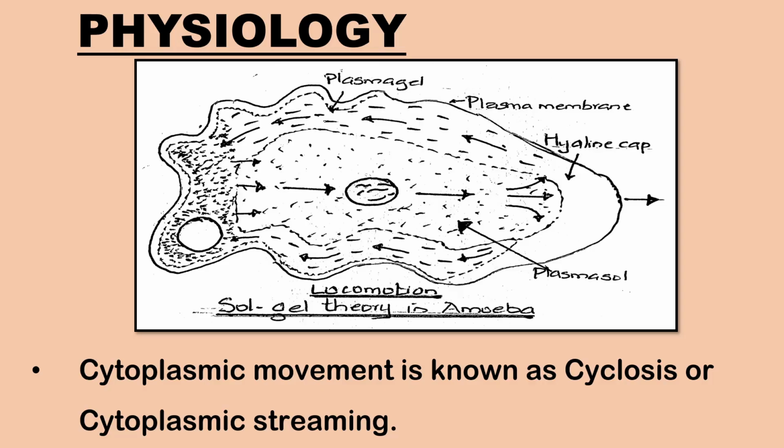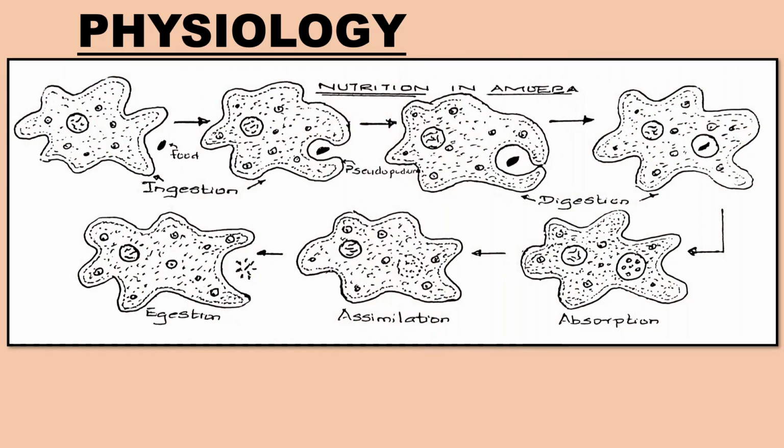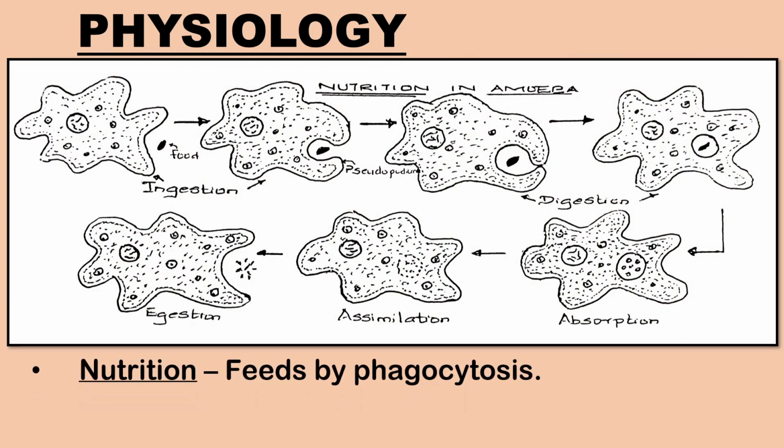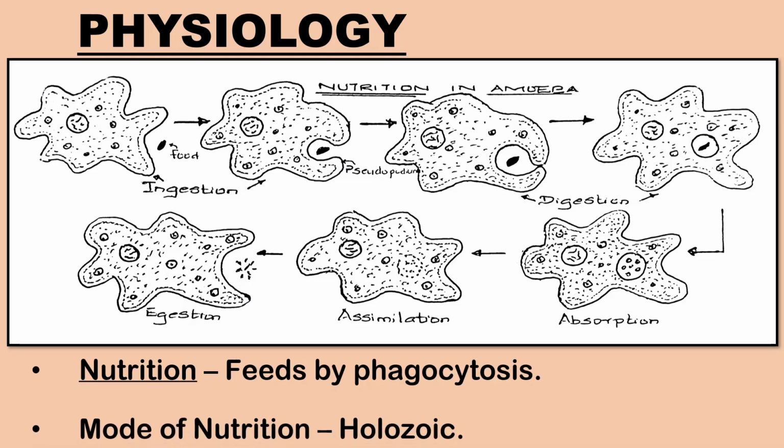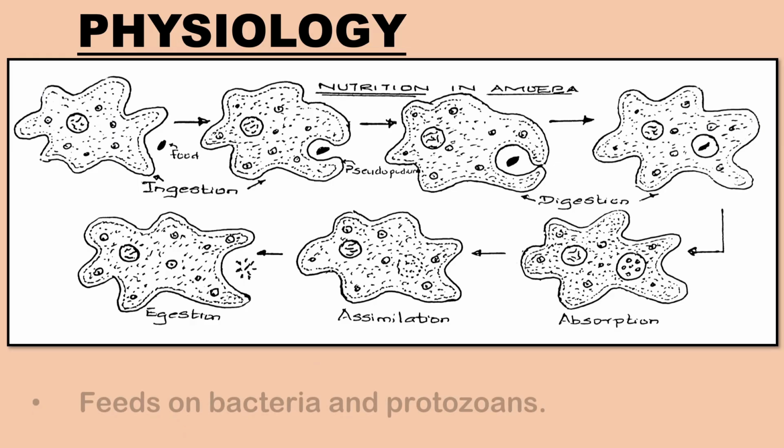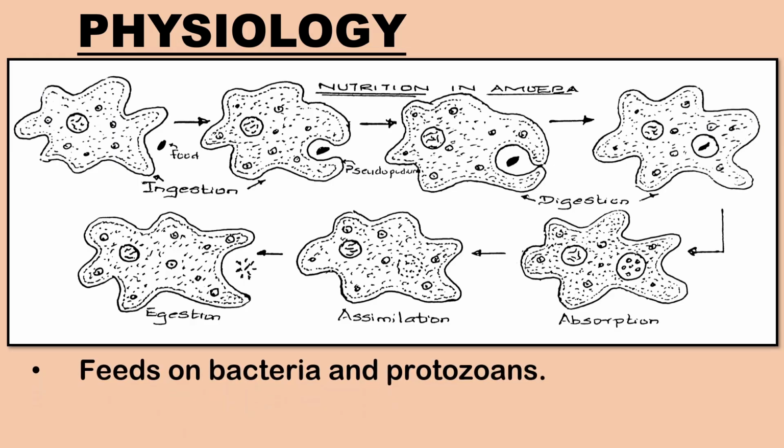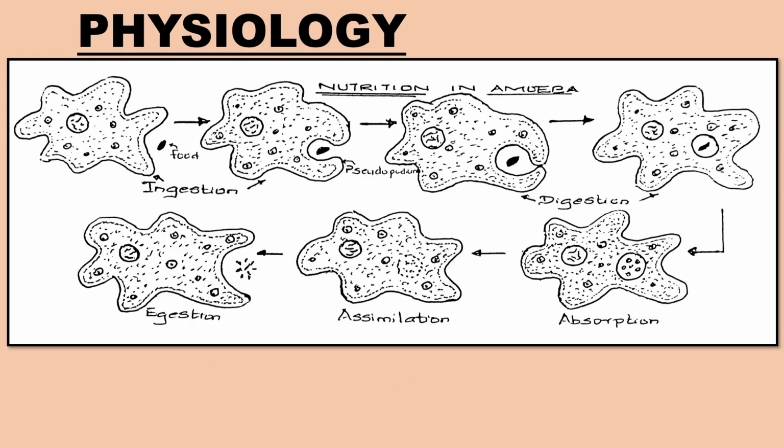This cytoplasmic movement within a cell is known as cyclosis or cytoplasmic streaming. Next physiological activity is nutrition. Amoeba feeds by phagocytosis, and its mode of nutrition is holozoic. They feed on bacteria and protozoans.